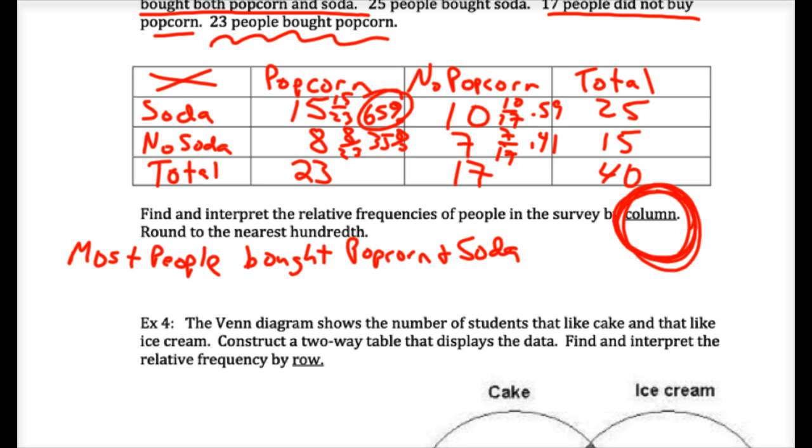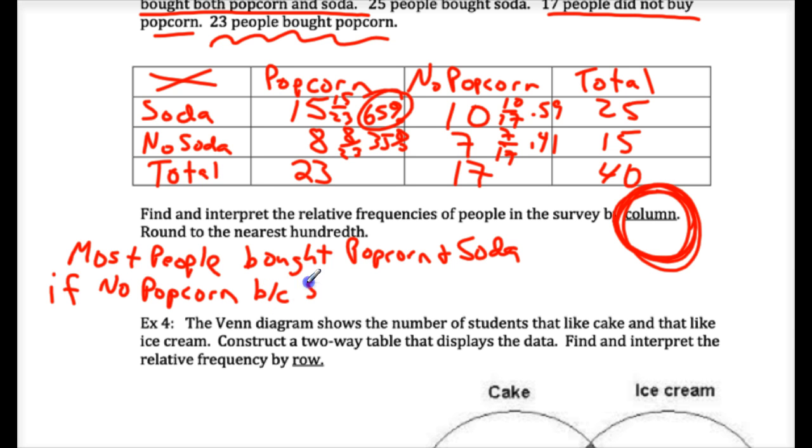What if you didn't buy popcorn? What'd you do? How do you know that? No, I'm talking about the no popcorn column. We're talking about columns now. If you didn't buy popcorn, what'd you do? Buy soda. How do you know that? You can't say it says it. Because more people bought soda.